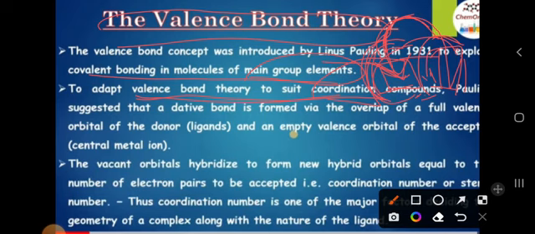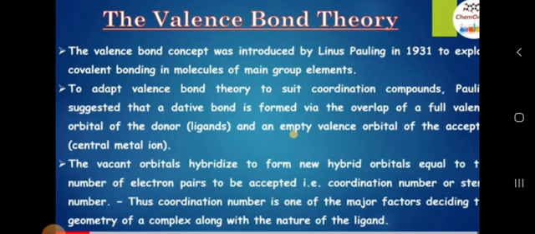So how does valence bond theory form a coordinate covalent bond? The empty orbital takes electrons, or the filled orbital donates electrons to the empty orbital to form a bond. That bond is called a coordinate covalent bond or dative bond. This was explained by the valence bond theory.